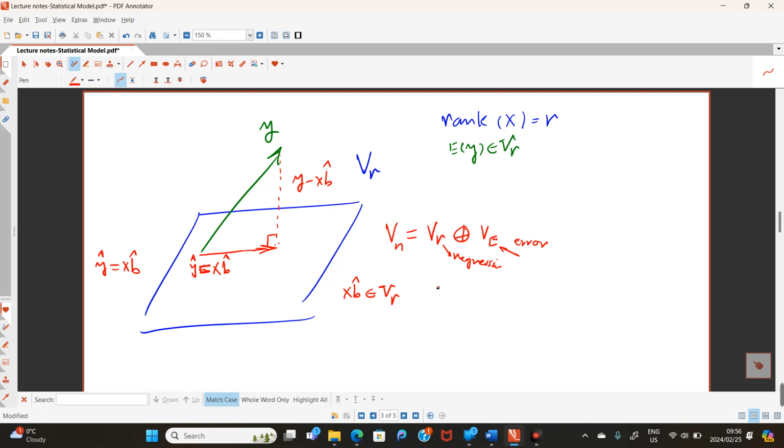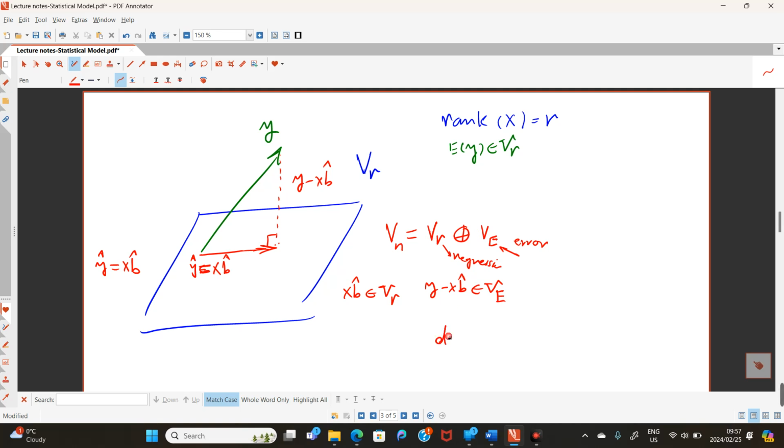I must also mention that since Y minus X B hat is orthogonal to X B hat, Y minus X B hat is in VE, the error space. Remember, VE is the vector space orthogonal to VR.